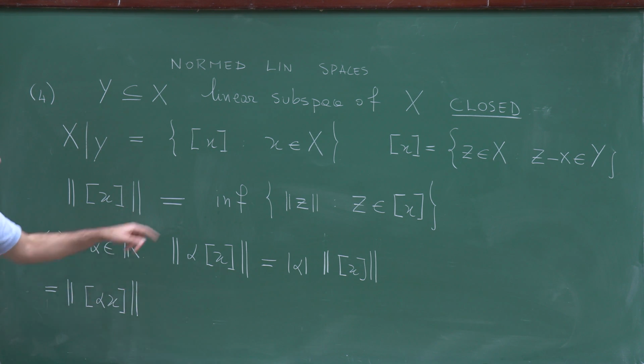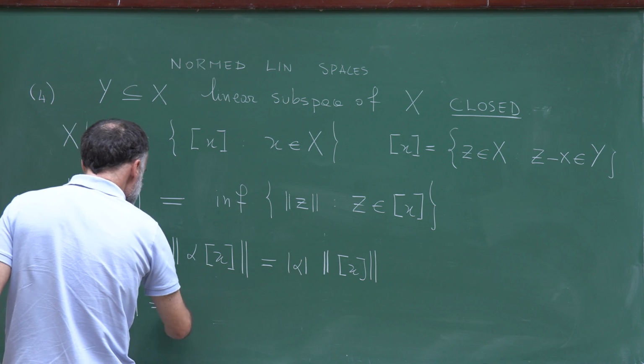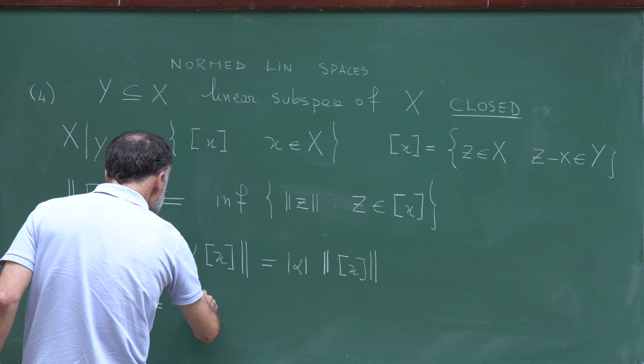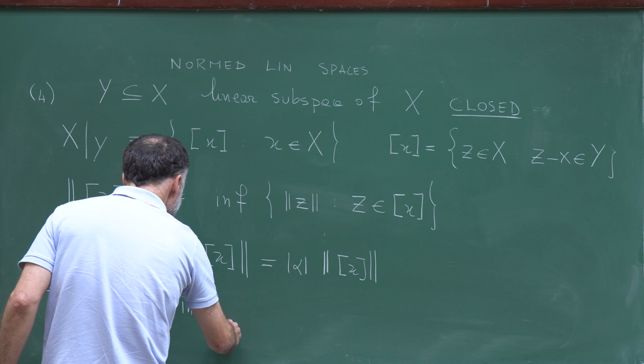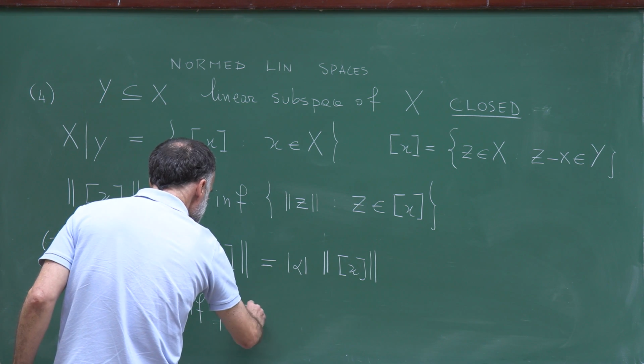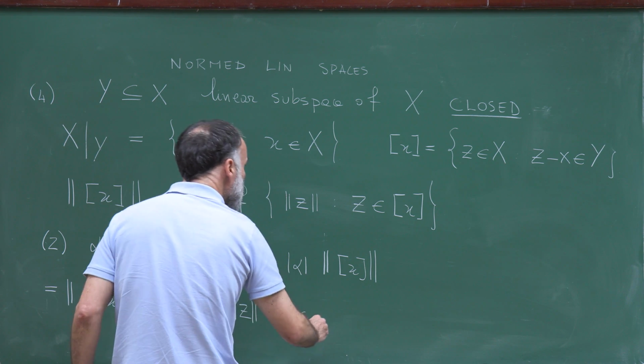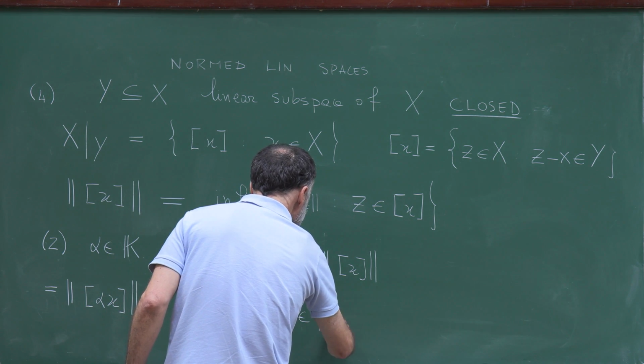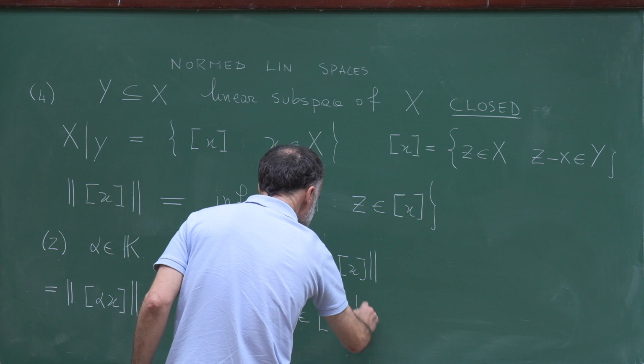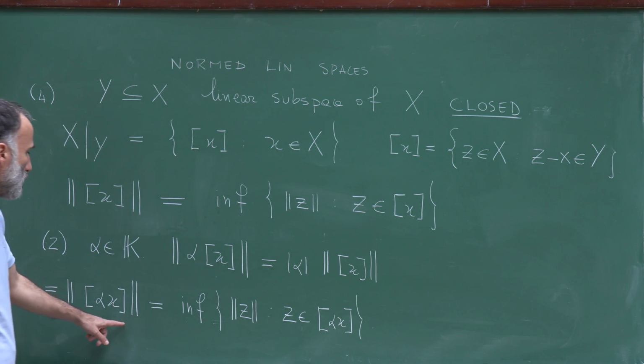And now, by definition, this is the infimum of the norms of z, such that z belongs to alpha x. So this is by definition of the norm.